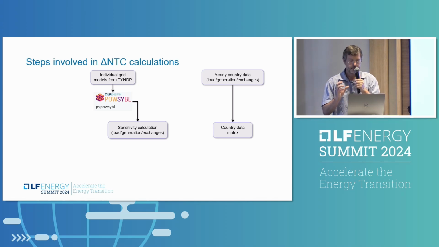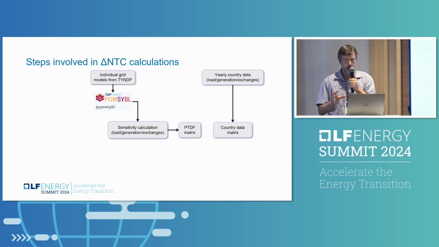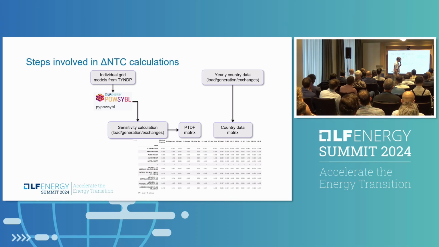That means what will be the impact of changing the load in Spain on the lines of the network. Gathering all these sensitivities, we will build what we call a PTDF matrix, which is basically, here you can see all the lines of the network, around 5,000 lines, and all the parameters we have selected.